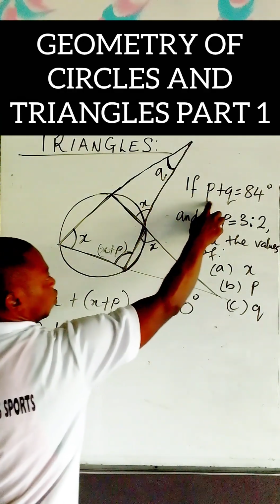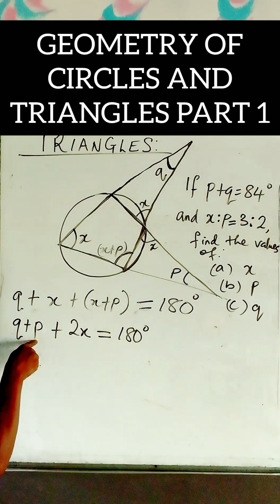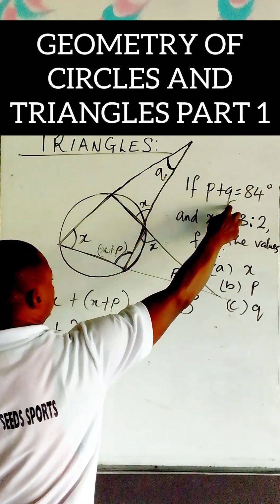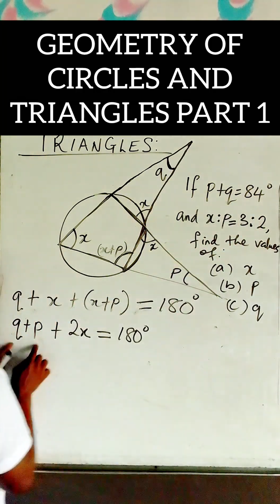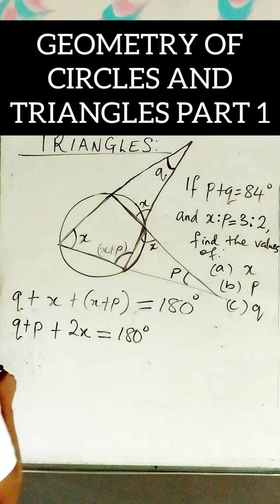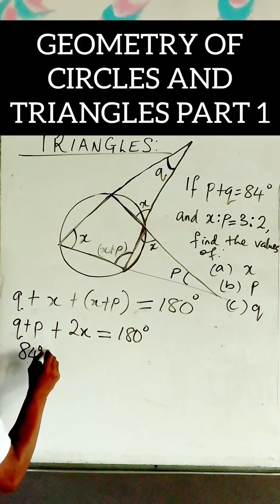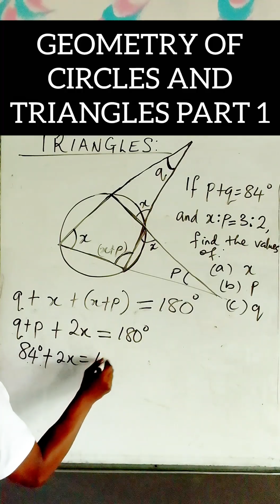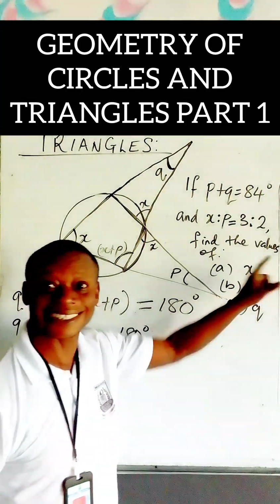So our P plus Q is the same thing as Q plus P, which is given as 84. So we replace this with 84 degrees. So 84 degrees plus 2x will give us 180 degrees. From here we can solve for the value of x.